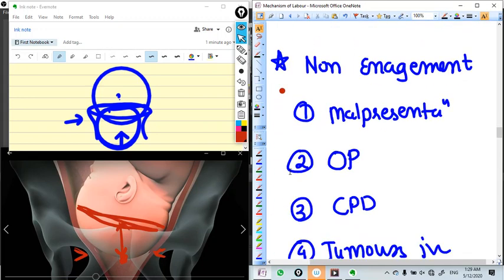Now, what can be the reasons for non-engagement? It can be malpresentation, for example, breech presentation, transverse lie, occipito-posterior presentation. There is cephalopelvic disproportion, where the fetal head is bigger than the pelvic inlet. Okay, so you understand all these things.